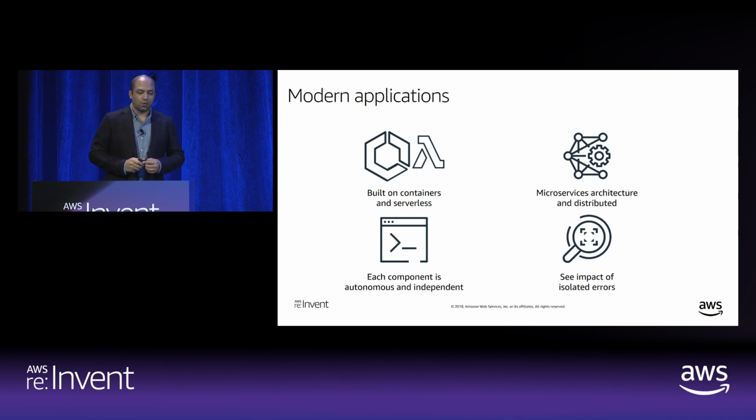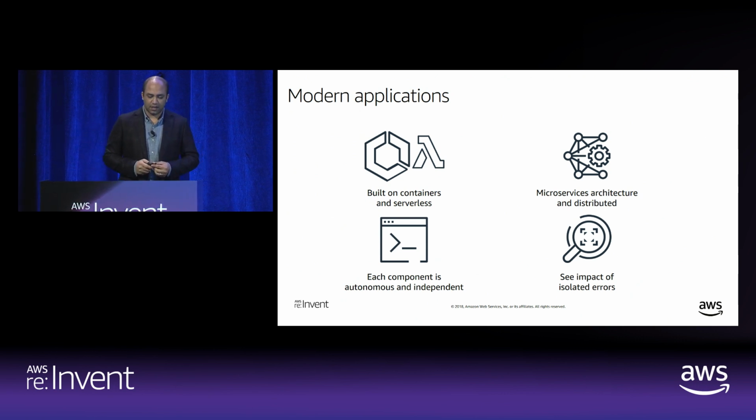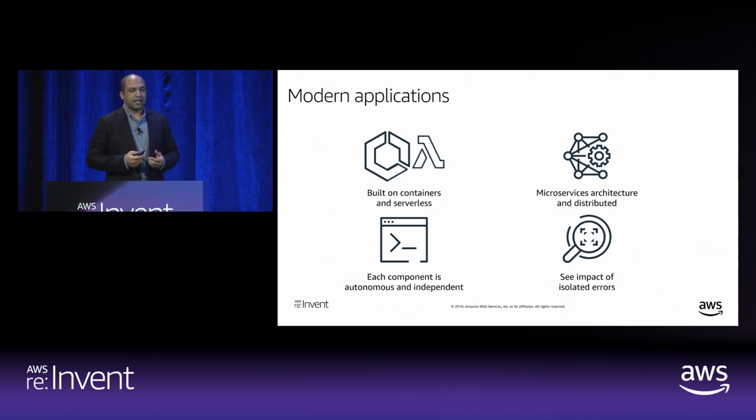So let's start with what are modern applications. As all of you may be aware by now, modern applications are essentially service-oriented applications that are built using containers or serverless architectures. The benefit of those architectures is that you get to decompose your large applications, scale them horizontally instead of vertically, and take the benefit of cloud.